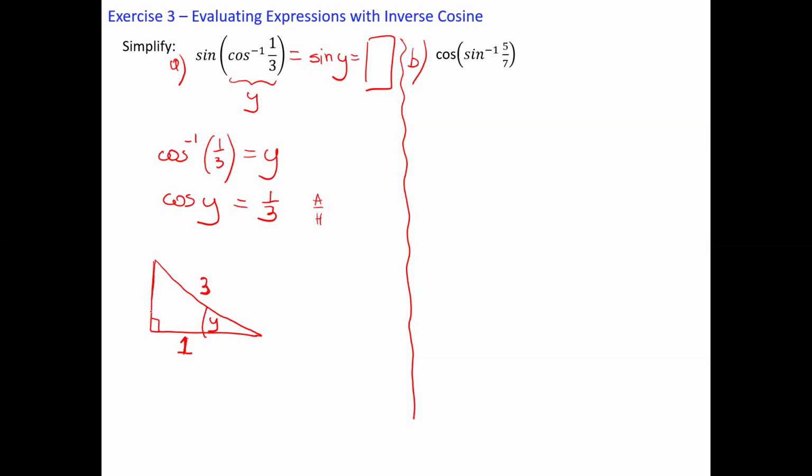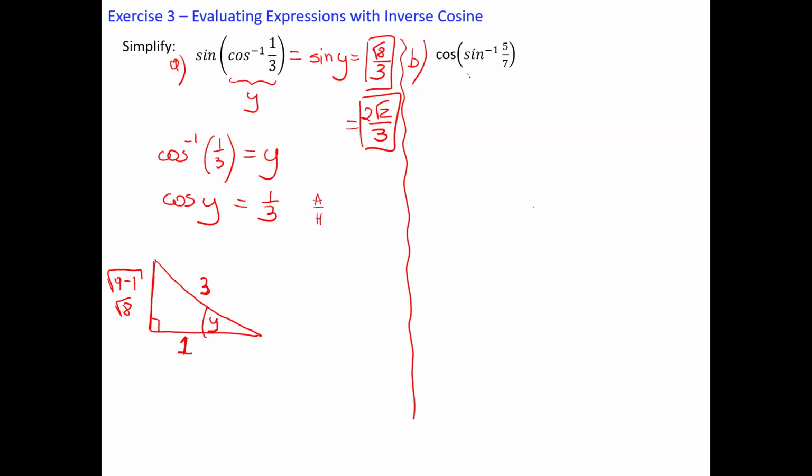We can easily calculate the third side, the opposite, which will be 3 squared minus 1, which is 9 minus 1, square root of 8. That means sine will be opposite over hypotenuse, square root of 8 over 3. Done. And we may say 2 root 2 over 3. Beautiful.